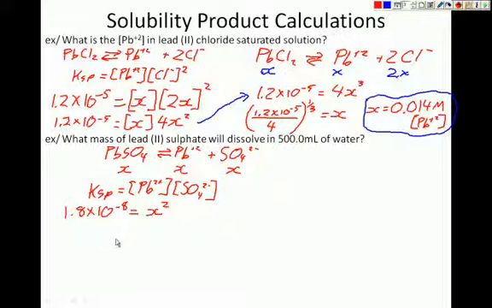If we solve for x, we can find the concentration of PbSO4, and x equals 1.34 times 10 to the minus 4.